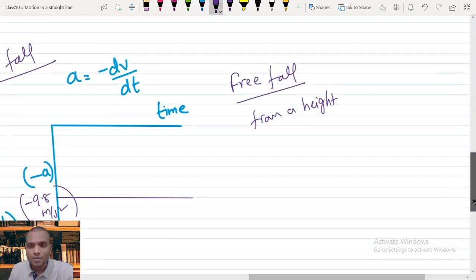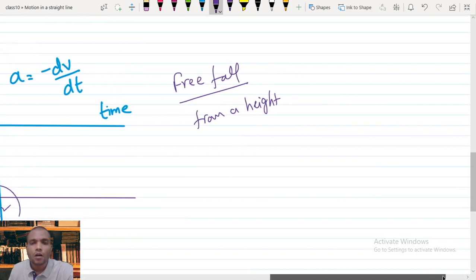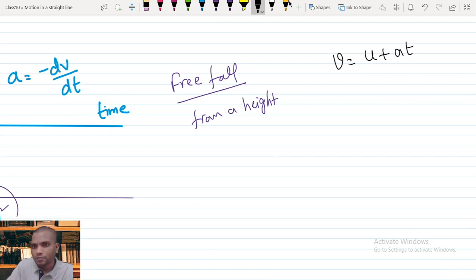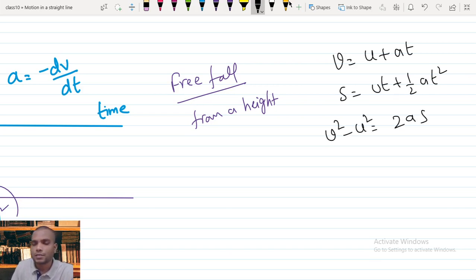And what about the equations of motion? How will the equations of motion change? We know that v equals u plus at, s equals ut plus half at square, and v square minus u square equals 2as. These are the three equations of motion.